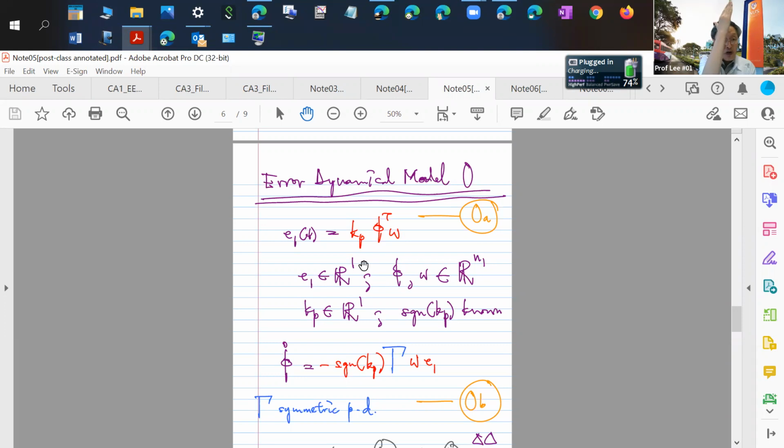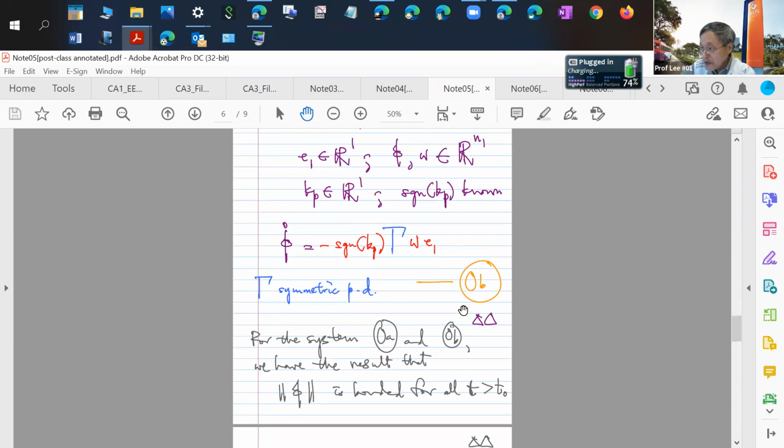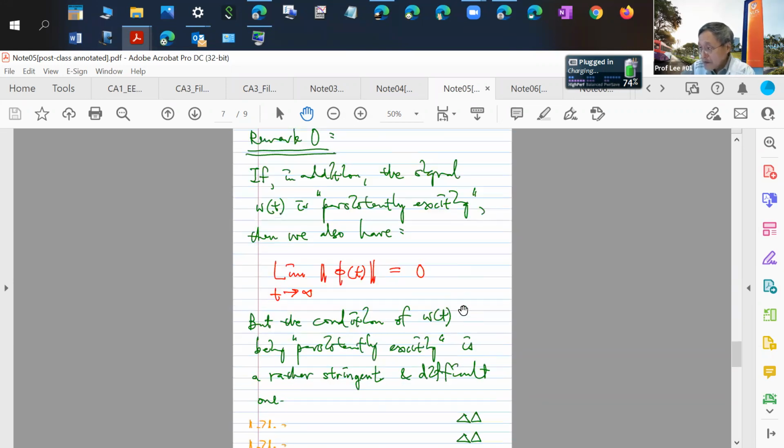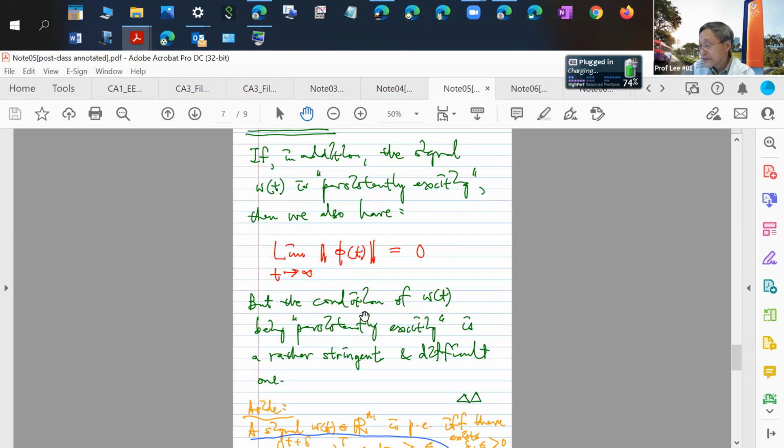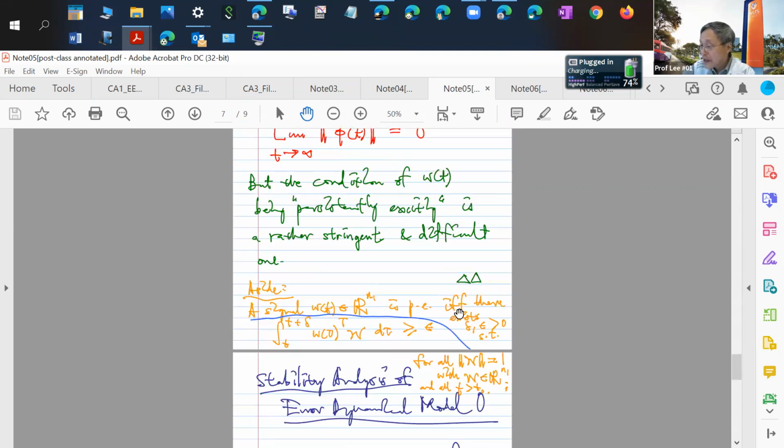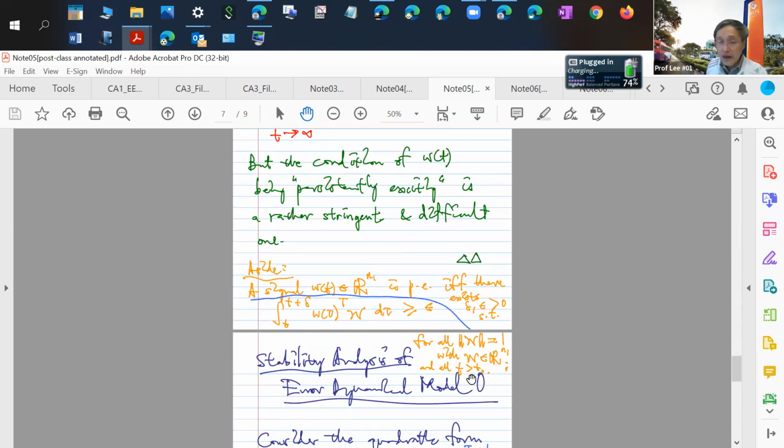As long as it's on that normal vector to the plane on which your vector lives, there's nothing you can say about this parameter error going to zero, because it's happily living in that normal. And it's allowed to, because E1 is still tending to zero. And that's where this very rigorous concept of persistency of excitation comes in. As I mentioned last week, this concept of persistency of excitation, unfortunately, because of this choice of English words.